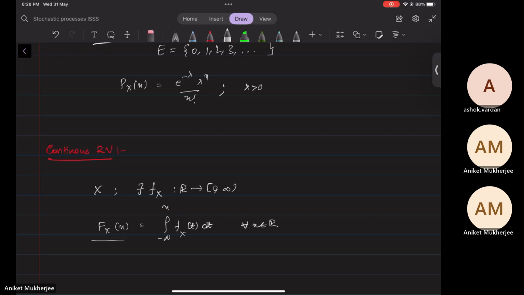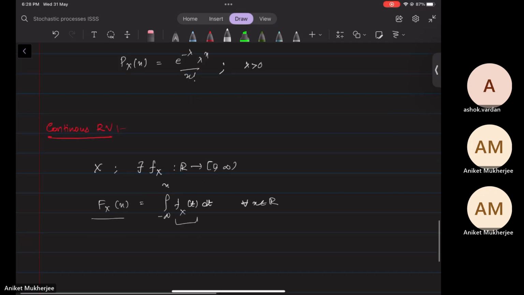If you can get the cumulative distribution from this function, which exists for a continuous random variable, this function is known as the probability density function.